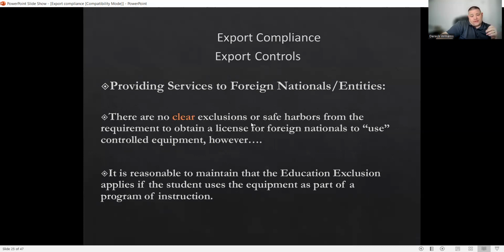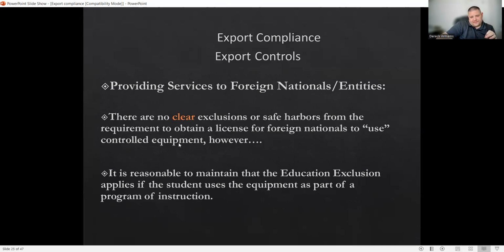There are no clear exclusions or safe harbors from the requirement to obtain a license for foreign nationals to use controlled equipment. However, it is reasonable to maintain that the education exclusion applies if the student uses the equipment as part of a program of instruction.